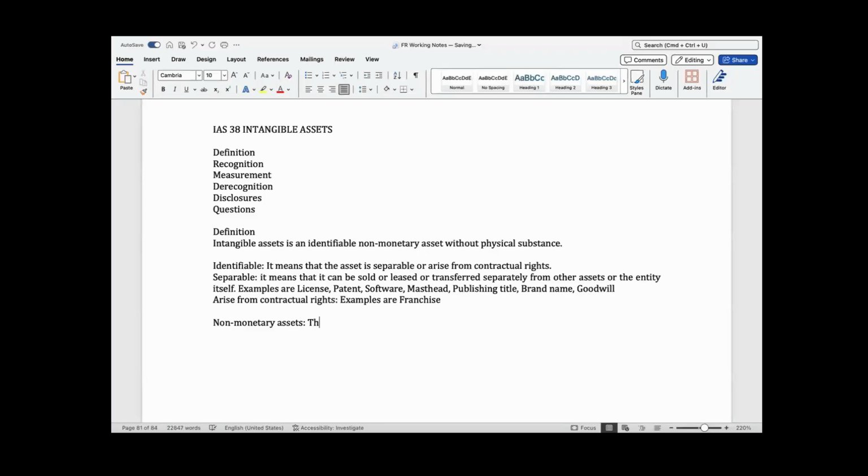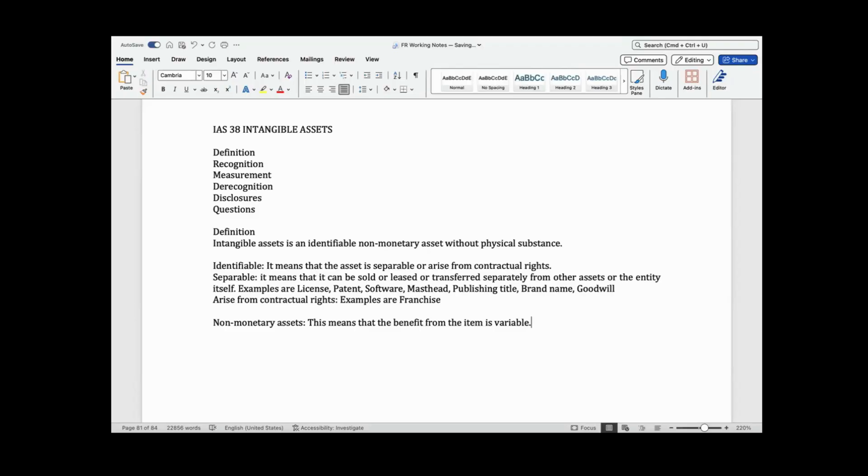And when we say non-monetary assets, this means that the benefits from the item or the asset is variable. Is variable in the sense that we cannot determine with certainty how much we're going to make from that asset.